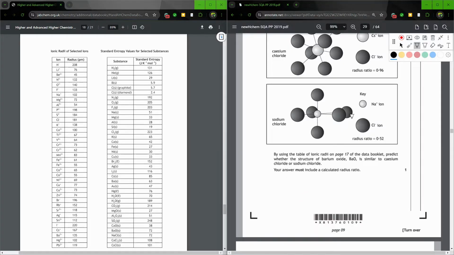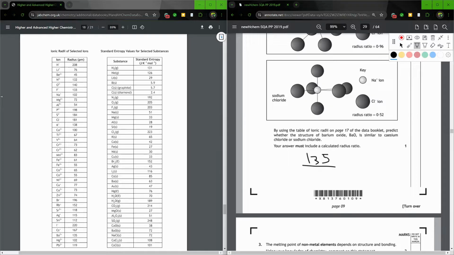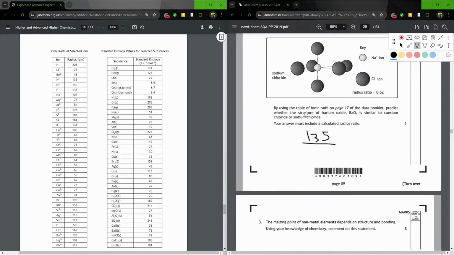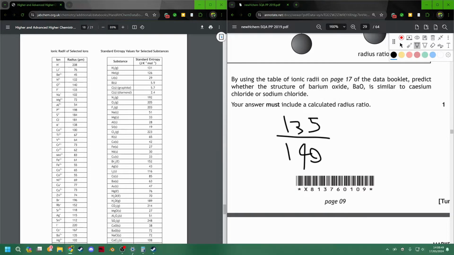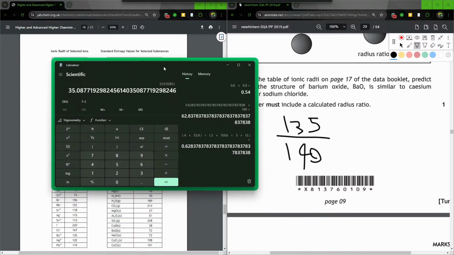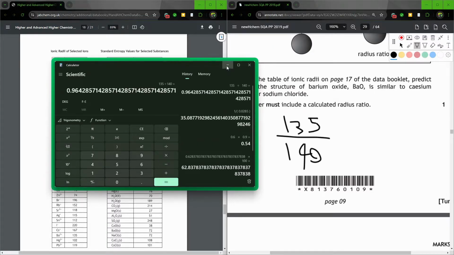It's a positive ion. So according to our ratio, we need to put it on top. So we've got 135 picometers, and then oxygen is -2, so it'd be negative, obviously. So it'd be 135 over 140. Now, if we pull up our calculator, we're going to do 135 divided by 140, and that will give us 0.96.